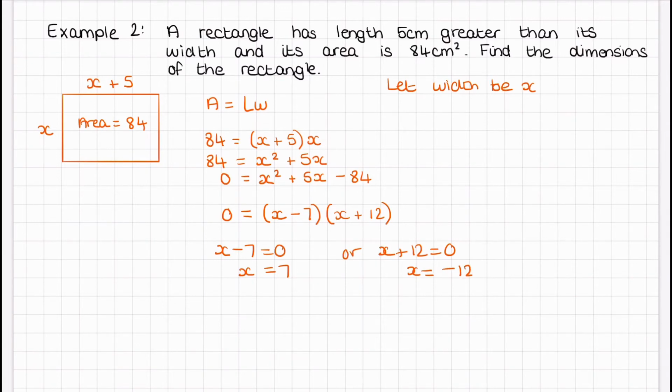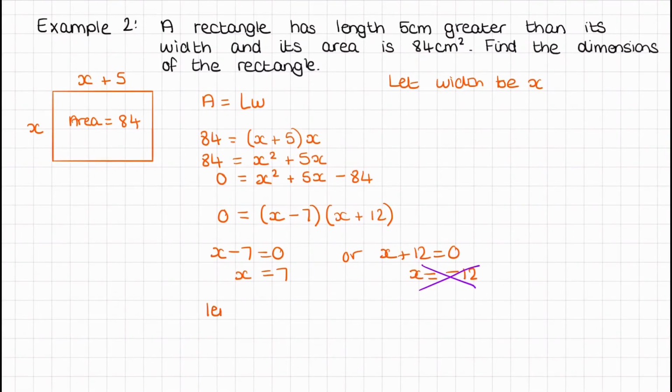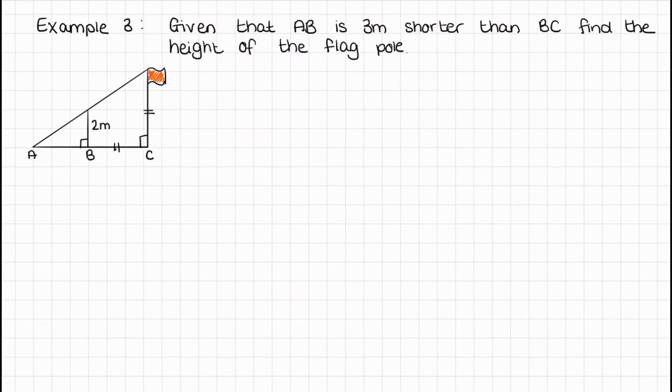Now, you've got to think about the context of this question. x is a length, which means it can't be negative. So x equals negative 12 is not a possible solution. And our only answer here would be that x equals 7. So the width will equal 7, and it means the length is x plus 5, so it would be 7 plus 5, which is 12. So the length is 12 and the width is 7. So we've got example 3.